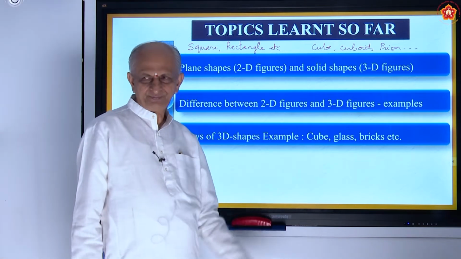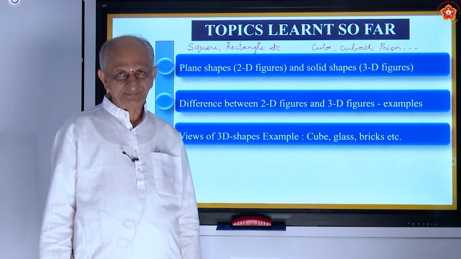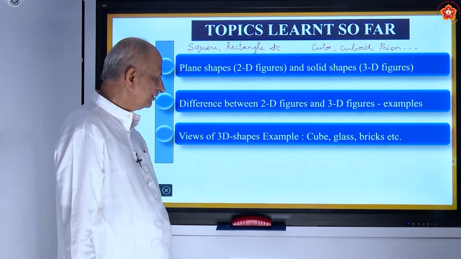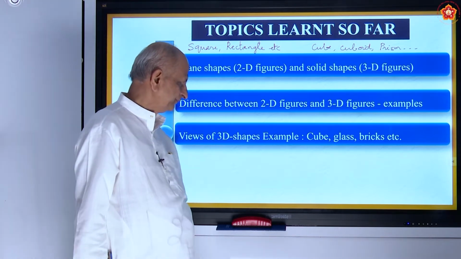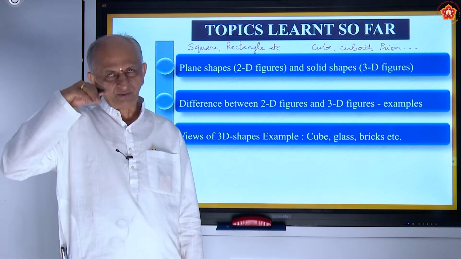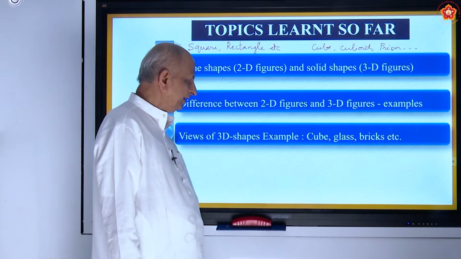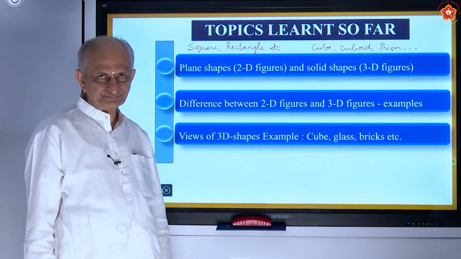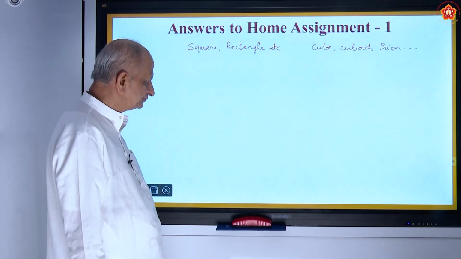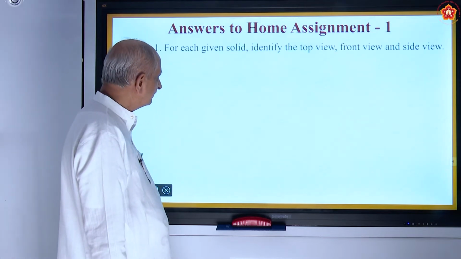Even a glass, if you look at it from different angles, looks different. Bricks also: from the top you see one figure, from the side, from the front, and so on. So, it all depends upon how you see it, correct?